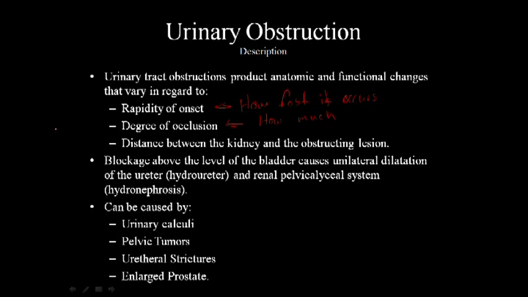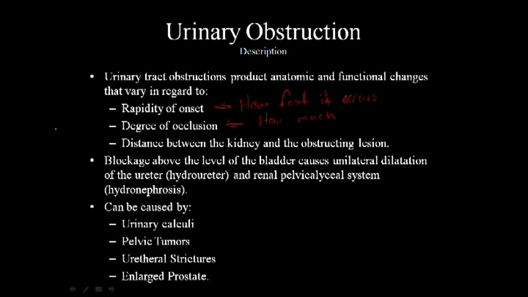A blockage above the level of the bladder causes unilateral dilatation or dilation of the ureter, which is the hydroureter, and renal pelvicaliceal system, which is hydronephrosis. And so basically these things are what you're looking for.